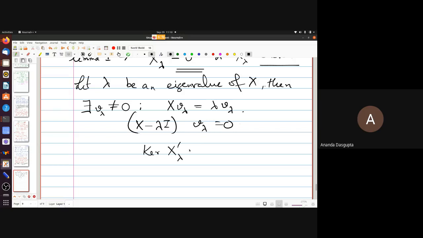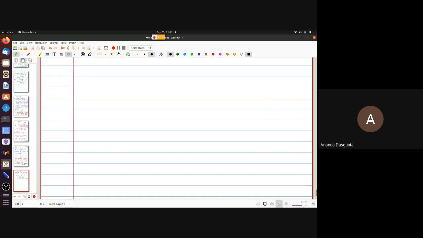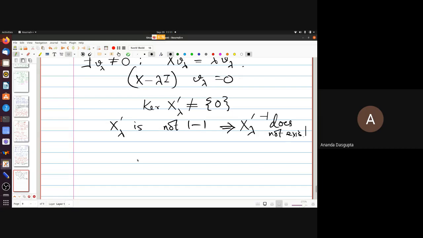So kernel of x prime lambda is not just 0, which means x prime lambda is not 1 to 1, and then the only option left for that particular lambda for us is this.